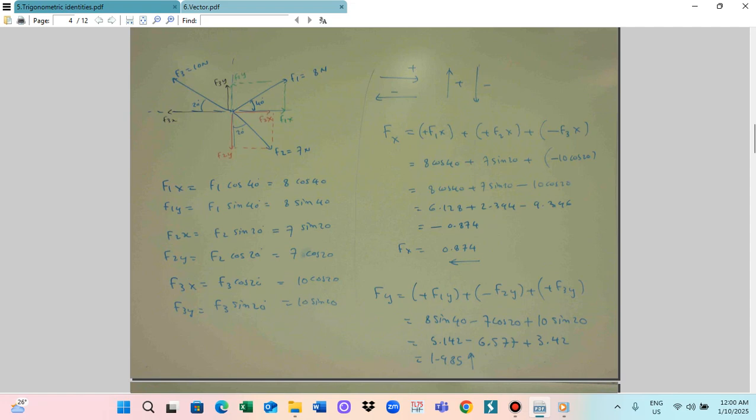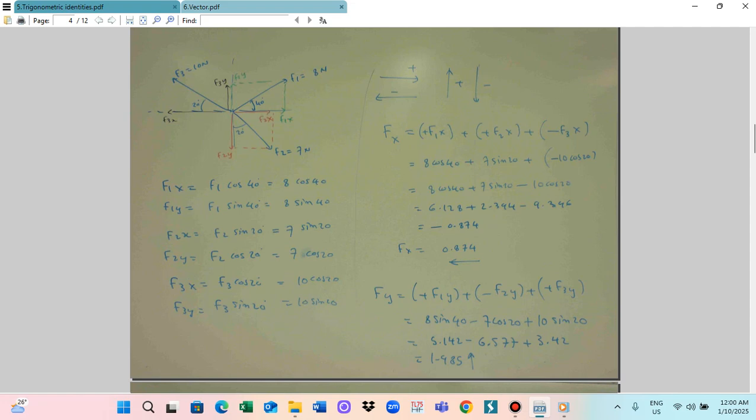Similarly, you can also calculate F2x. For F2, we use the opposite side, so F2x is equal to F2 sin 20 degrees.